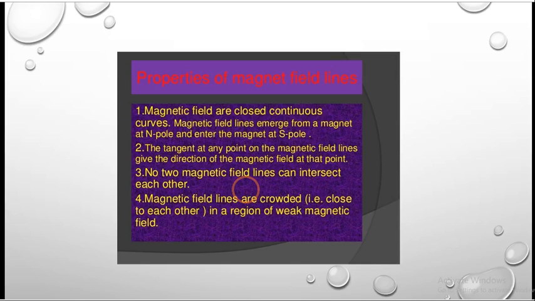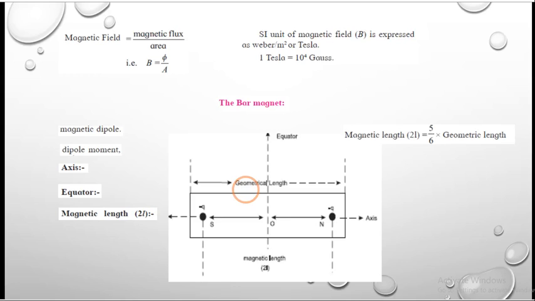Density of lines of force, that is, the number of lines of force per unit area around a particular point, determines the strength of magnetic field at that point. Generally, we call it flux. The number of lines of force is called magnetic flux.